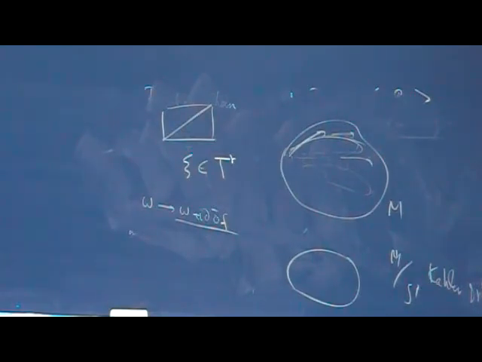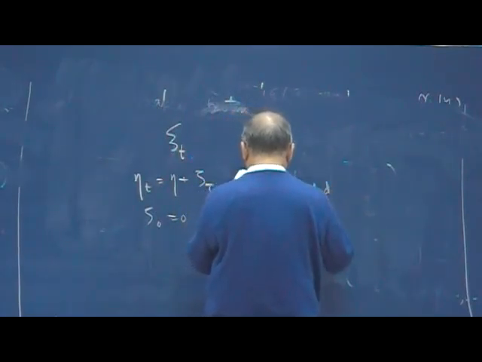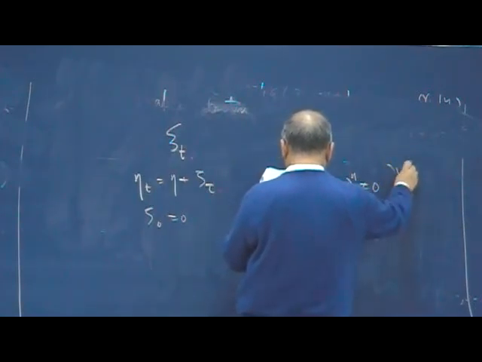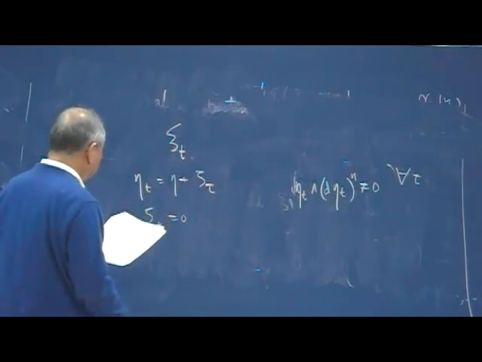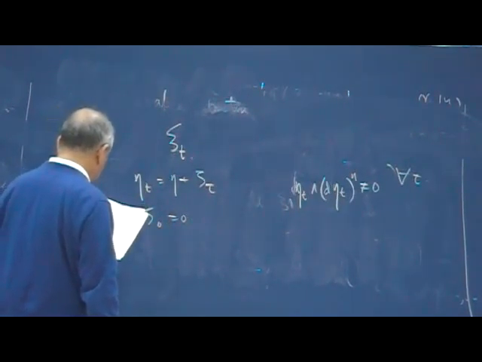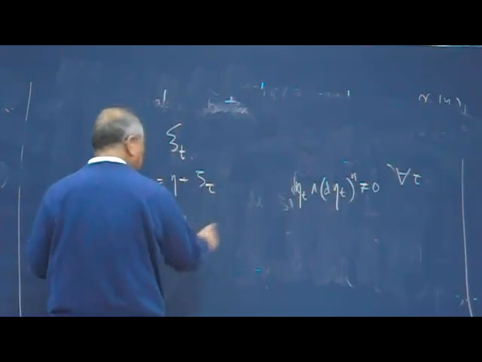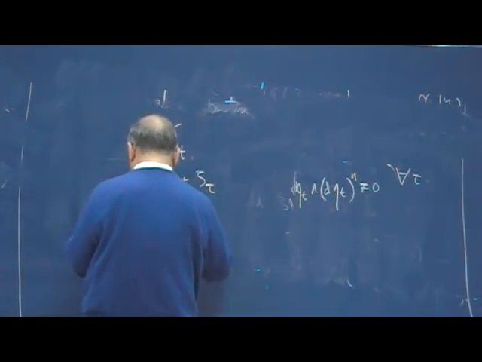And it has the property that theta_0 is 0, and the eta_t to the power n wedge d eta_t is nonzero for all t. I want to specify the following conditions. Find t, the orthogonal that will come here. We want it to be equal to phi minus theta.